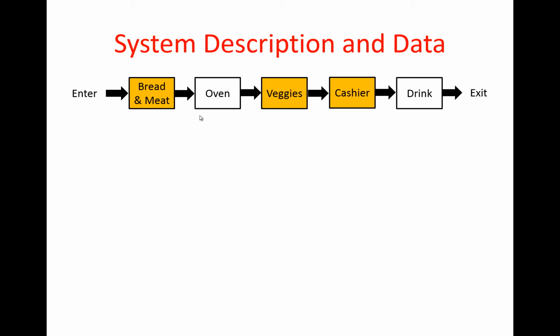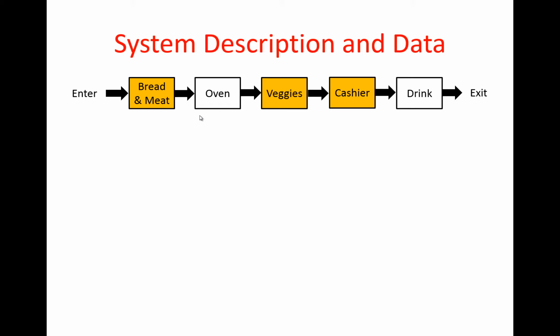So if they want their sandwich toasted, the worker puts the sandwich in the oven, and the oven heats the sandwich and toasts it. And then the customers will go to the third stage, which is the veggies station, where they put lettuce, tomatoes, and other types of vegetables and condiments on their sandwich.